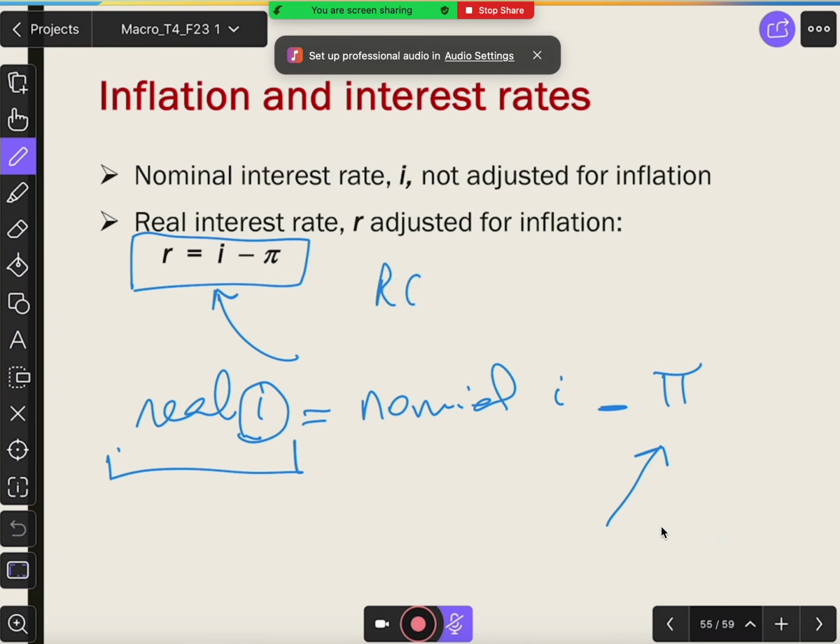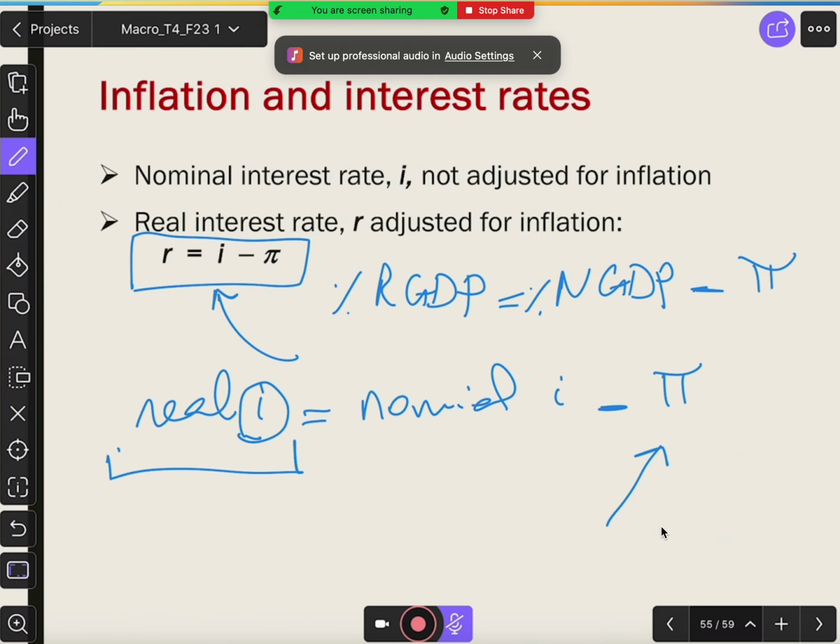So for real GDP, or any variable that you want to adjust, you would subtract inflation from its nominal version. Again, when I write it this way, it has to be in percentages.